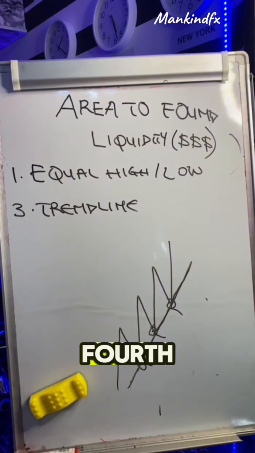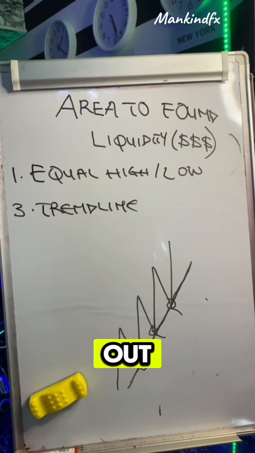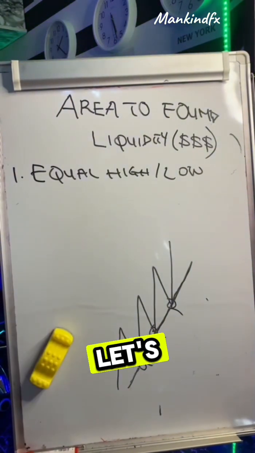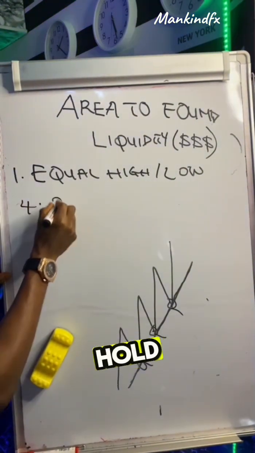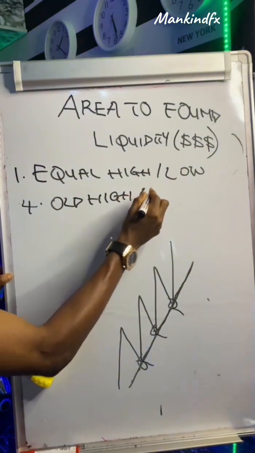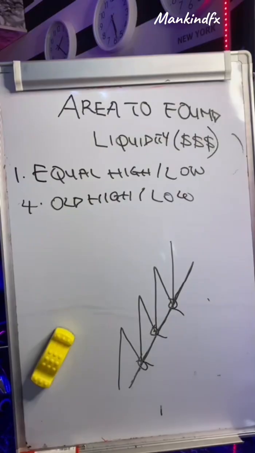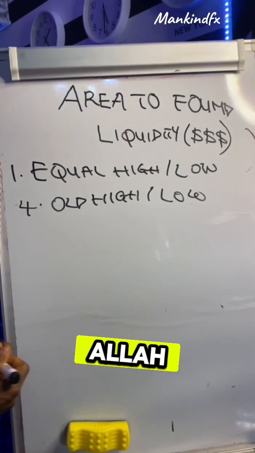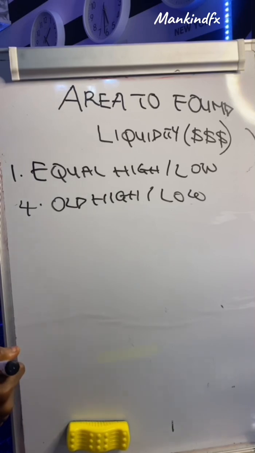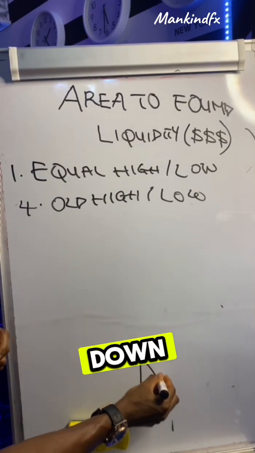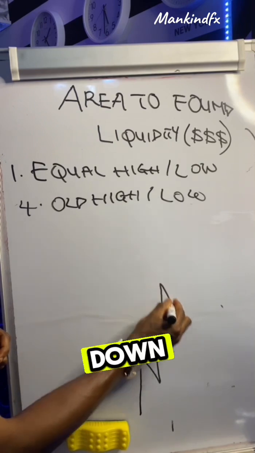The fourth area where you can spot your liquidity is your old high or low. Your old high and low is just like a trend line, but a different scenario. Let's say price is going up, down, up, down, up, down, up.